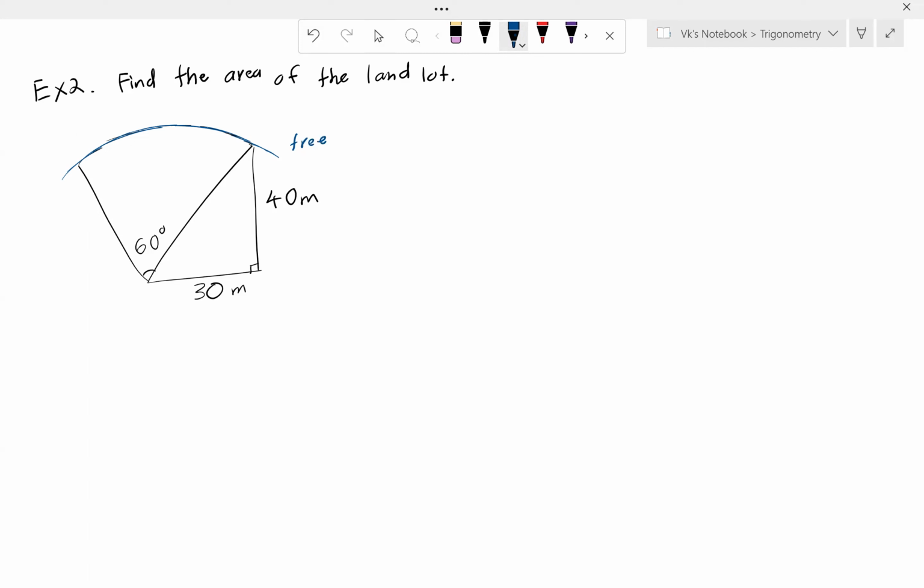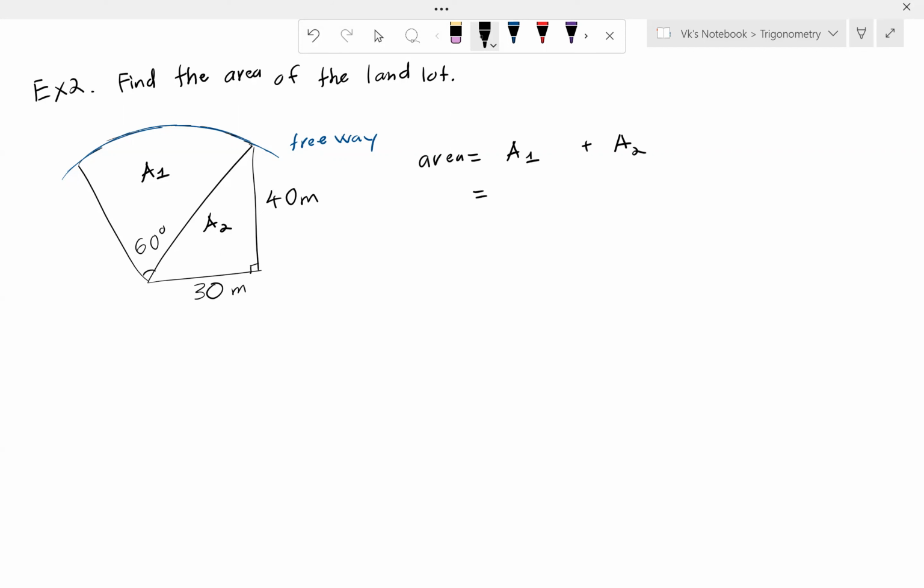So this is the freeway or highway. There are two areas. Area 1, area 2. So the area is area 1 plus area 2.